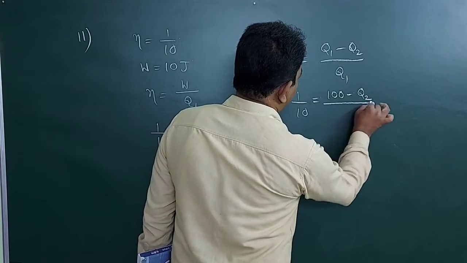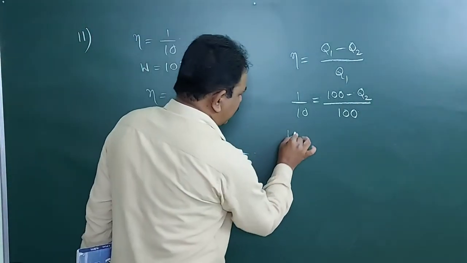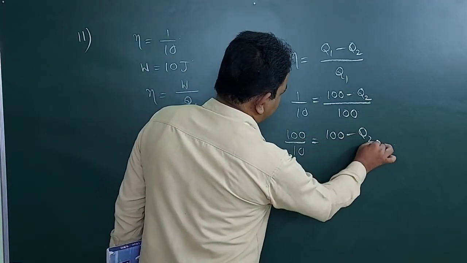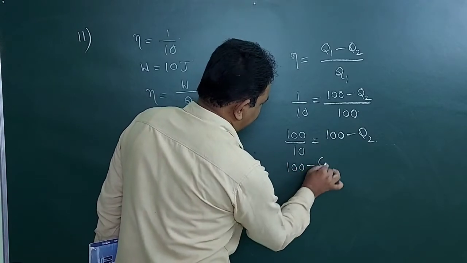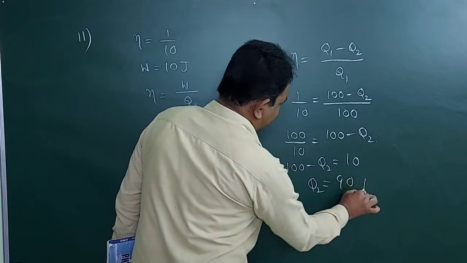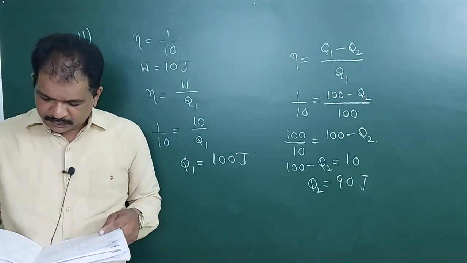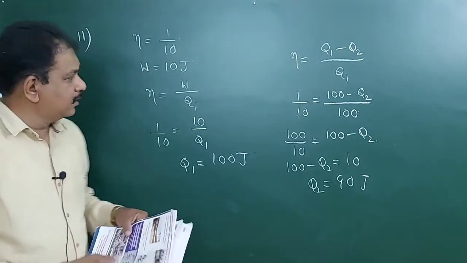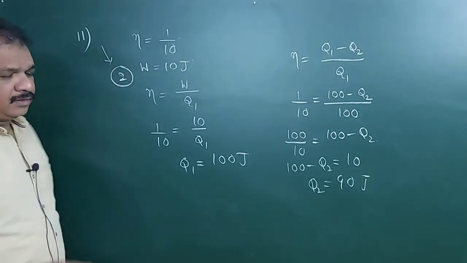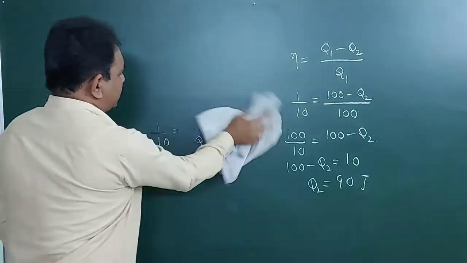Q2 value we have to find. So 100 by 10 is equal to 100 minus Q2. 100 minus Q2 is equal to 10. Q2 is equal to 90 joules. Okay. So 11th question, it will be second option. Okay. Next, see the 12th question.